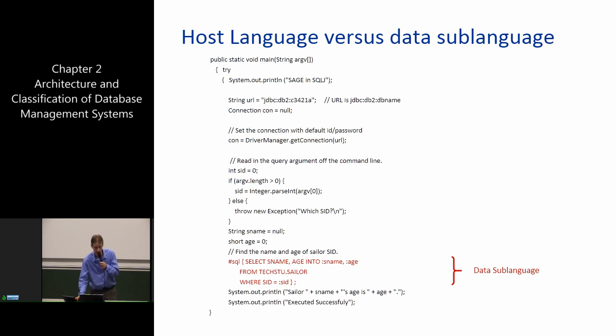SQL stands for Structured Query Language, so it's the type of DML that is often being used by relational databases. And then here you can see the query, which is directly going to be issued to the underlying database, and then the database environment will give you an answer to that. So that's the data sublanguage here, right? So we have an embedded DML statement here, directly embedded in the Java host language environment.